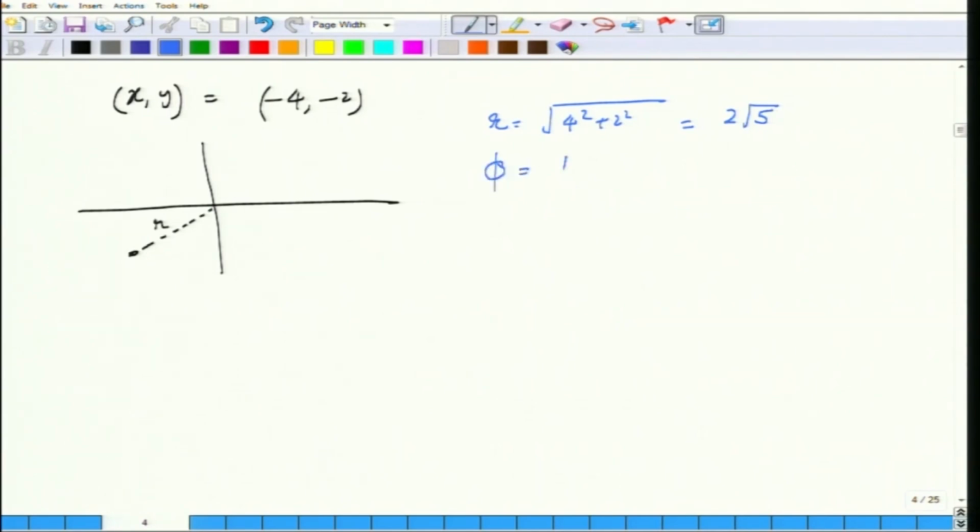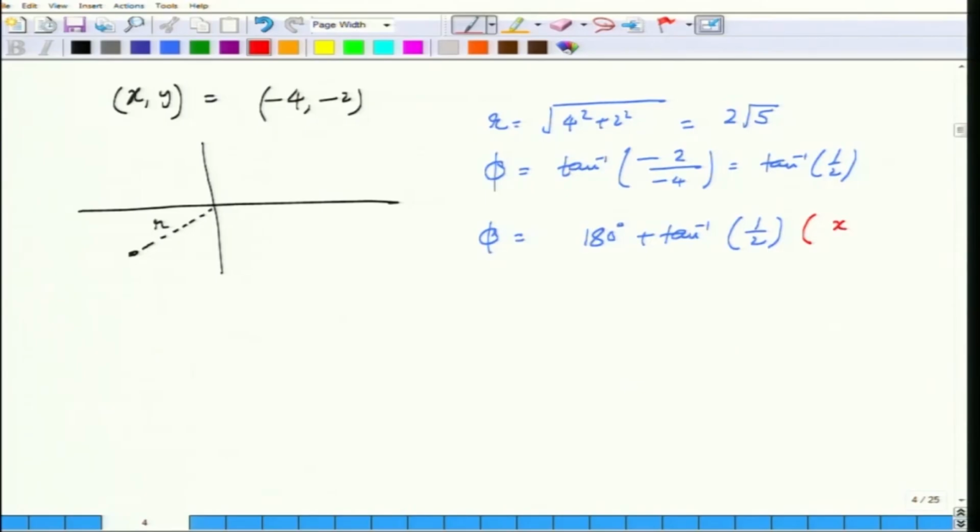Phi is equal to tan inverse of minus 2 over minus 4, which is tan inverse of half, but that's going to give you an angle which is less than 90 degrees. In this case, phi is actually going to be 180 degrees plus tan inverse of 1 over 2, because, let me write in the bracket, x is less than 0 and so is y.